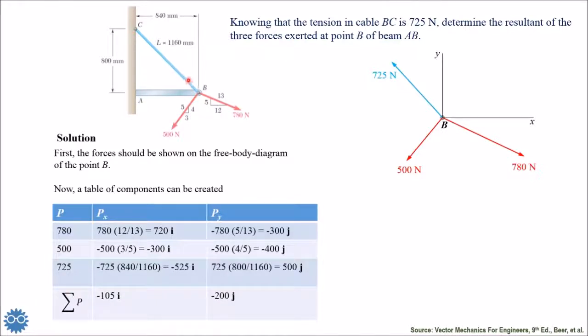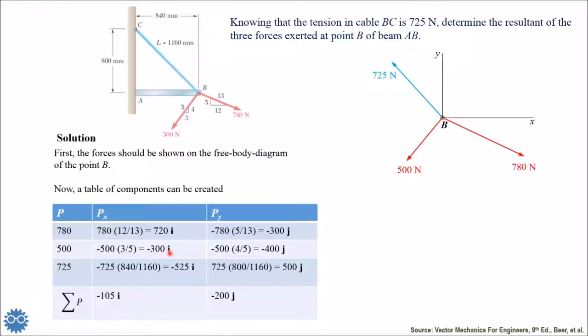So imagine always that the tension is the pulling force towards the wall, and the tension at point C is a pulling force towards the beam. So actually the tension always is assumed to be a pulling force. So here we say that the direction of the tension in the cable should be in this way, pulling point B towards the wall, and that means this way it will be negative in x direction and positive in y direction.